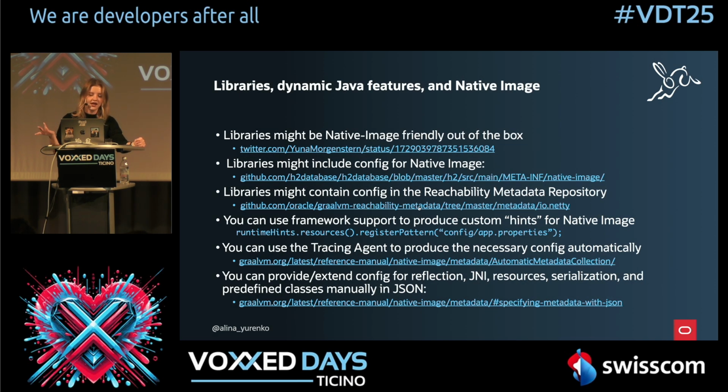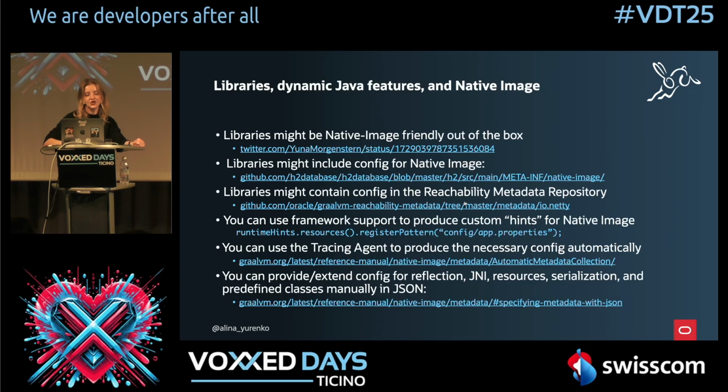Now, for existing libraries, the absolute best thing, and I recommend this if you're a library maintainer or if you are maybe in touch with some library maintainers, is if a library includes config for native image within the library itself. So as an example, the demo that I was running previously was using H2 as database. And I like showing this demo because in the past, I had a demo where things would not work with native image because there was H2, and it would compile, but it would break at runtime.